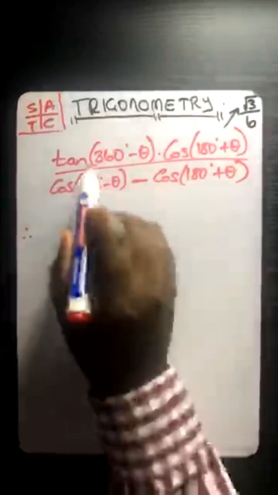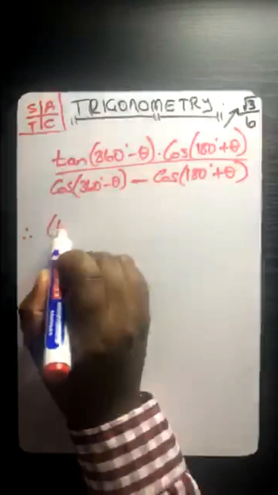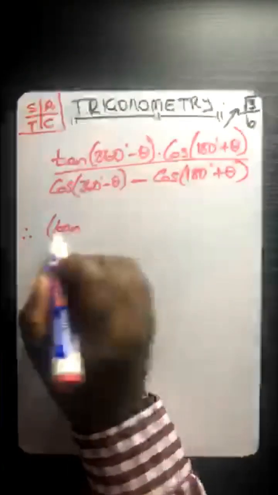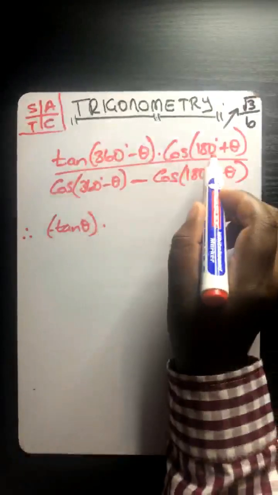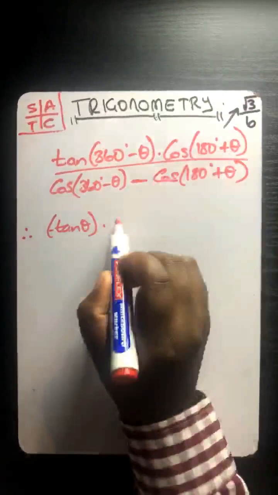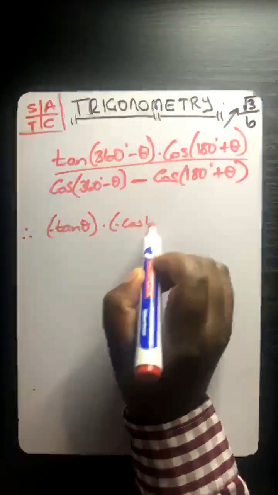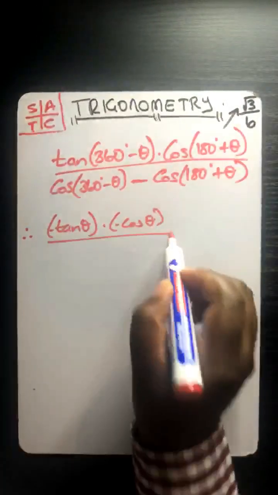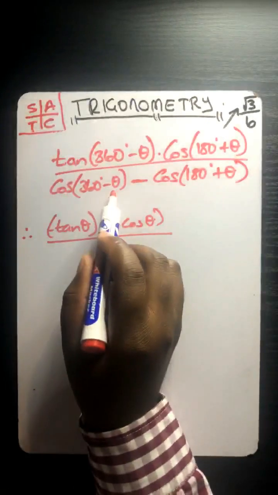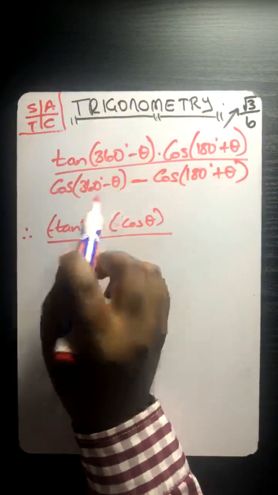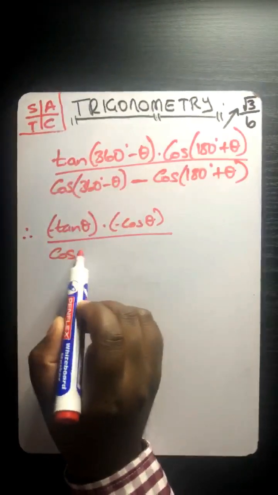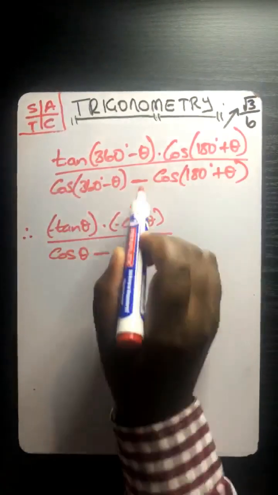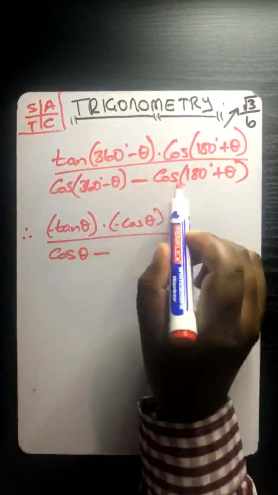So I'm going to say this takes me to that quadrant, and in that quadrant, tan is negative. Multiplied by this one in which quadrant? In the third, and in the third, cos is negative. This one, what am I having there? I'm having this in this quadrant and it's positive there. Minus being that minus. Here I'm having cos of that.